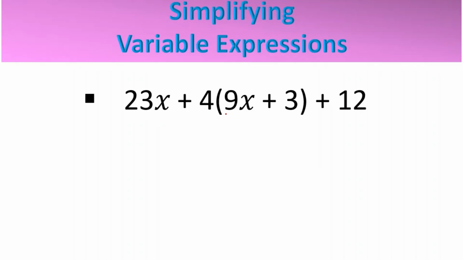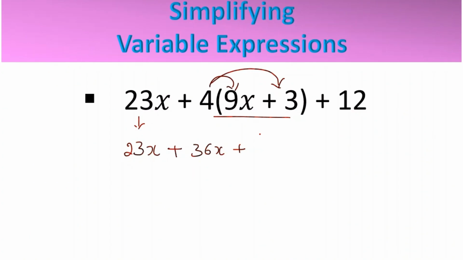23x plus 4 times (9x plus 3) plus 12. First, let us simplify the bracket by keeping the remaining terms as they are. 23x plus 4 times 9x gives 36x, plus 4 times 3 gives 12, and the other term comes as it is. Now we need to regroup the like terms.